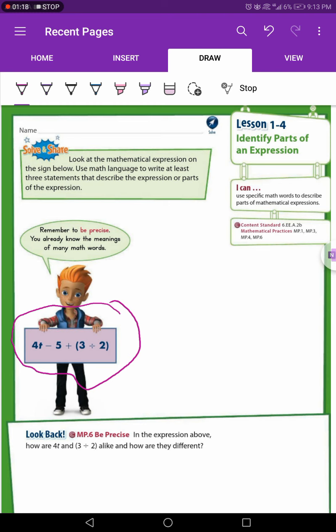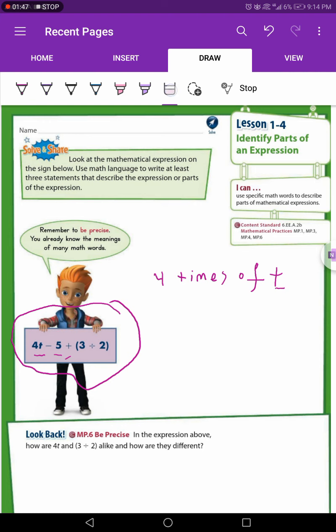Now here we have 4t minus 5 plus parentheses 3 divided by 2. How can I write it? See, I have 4 times of t.